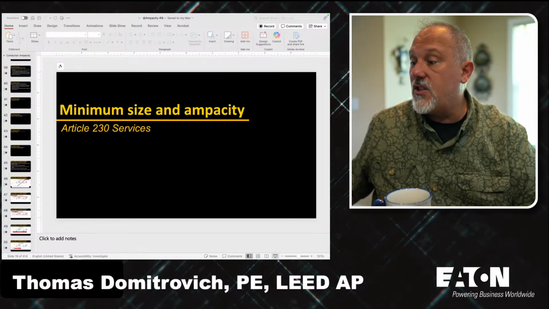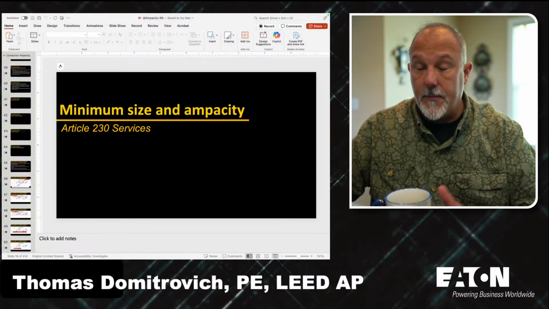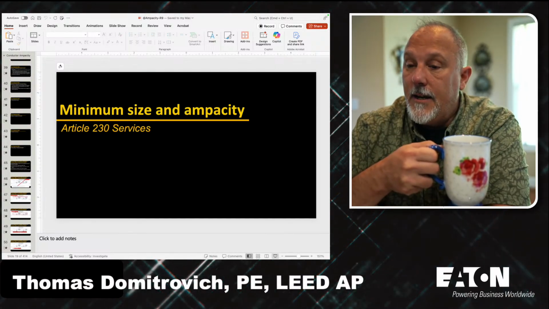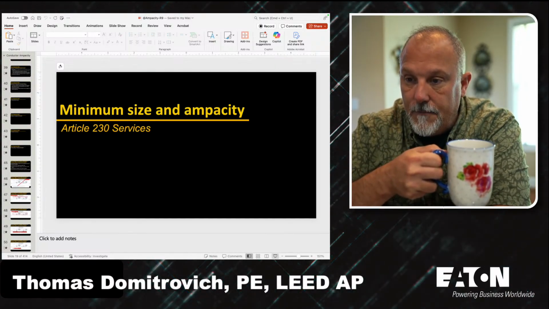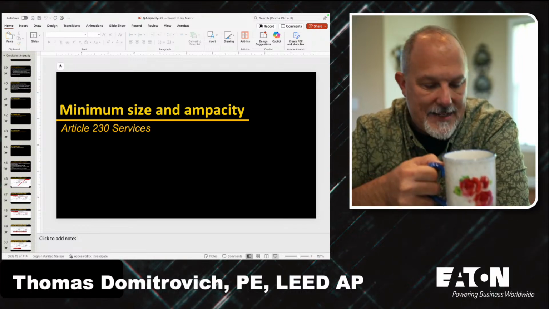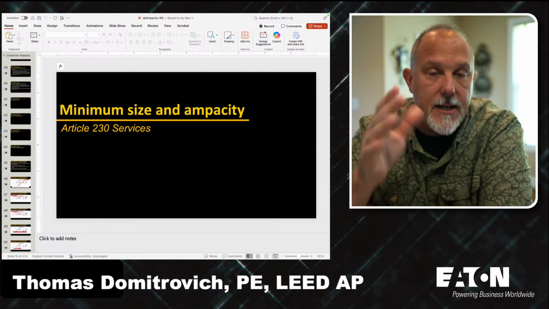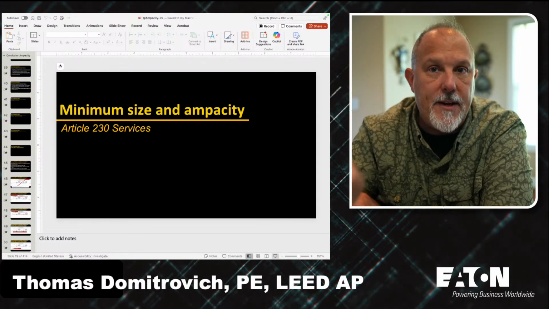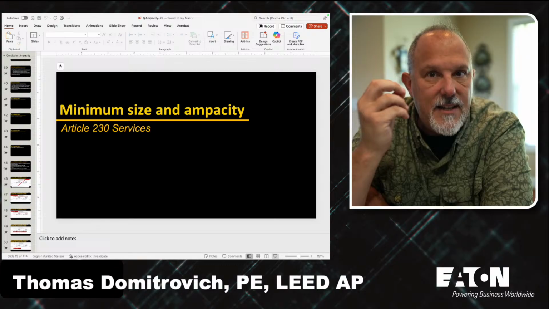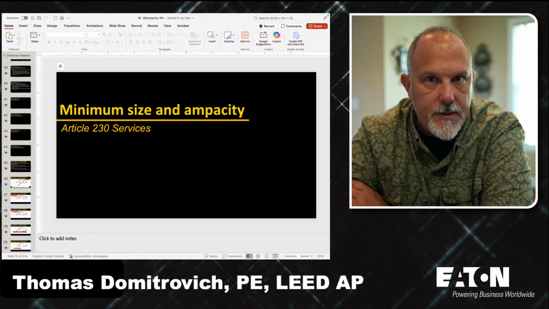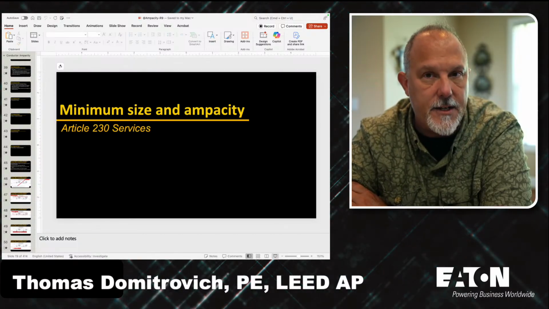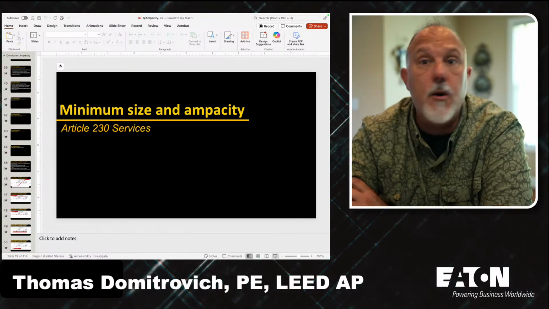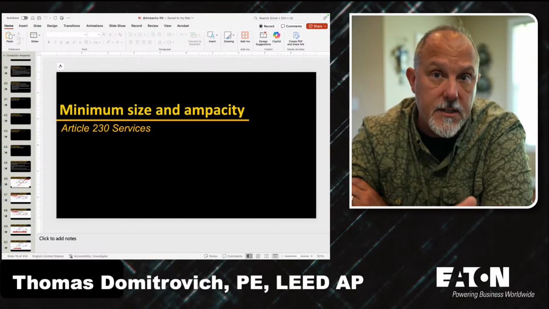All right, so let's talk about Article 230, because there is a section in there. I was talking to a gentleman about what I'm learning here on ampacity, and I was like, boy, I'm seeing a mistake that could happen legitimately, where we mistakenly use the 75 C column to say that's the ampacity of the conductor, and then go to the next larger size overcurrent device, which would go against how we test products, and it goes against the UL listing.